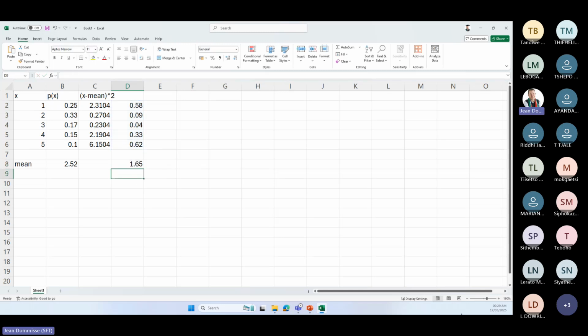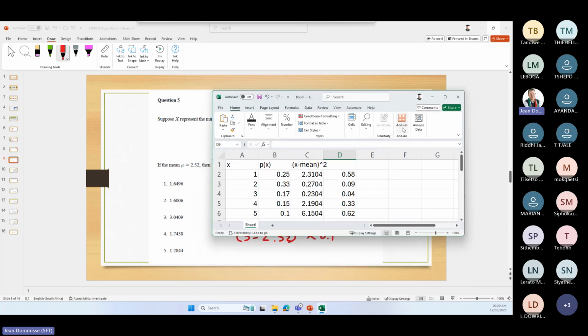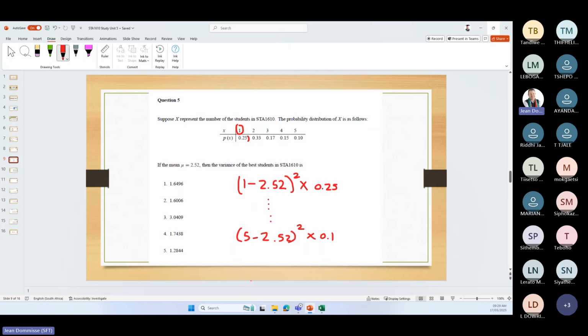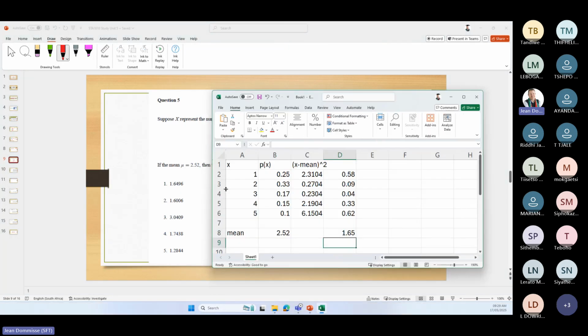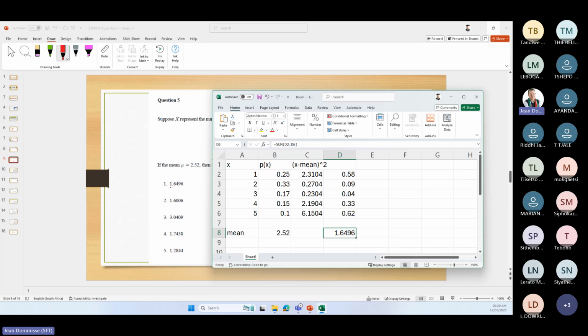And then hopefully we get one of the answers there. So let's just check. I don't know why my screen is jumping all of the time, but let's change it up to 4 decimals again. Okay, 1.6496, 1.6496. So it is option 1.